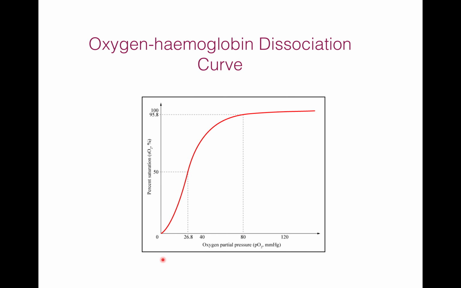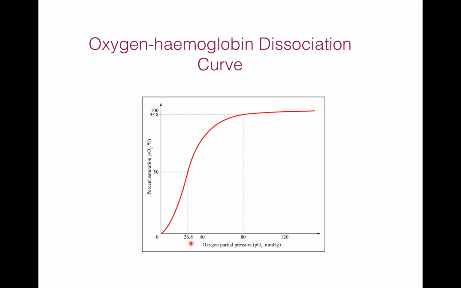You can also see that at 26.8 mmHg partial pressure of oxygen, the percent saturation is about 50. That means there is 50% saturation at 26.8 mmHg.